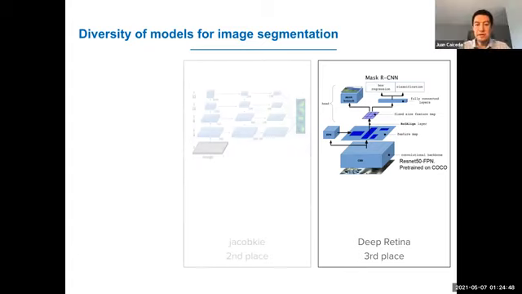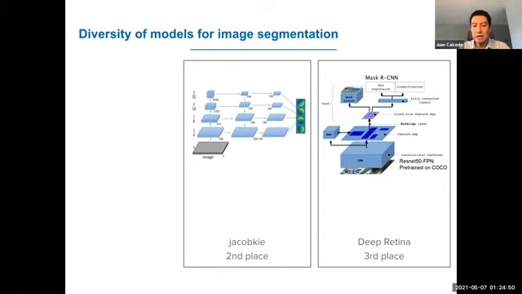Sure. So in the second place, what we had was another type of architecture. And I think this is also kind of interesting because, again, it tells us that maybe the exact architecture is not as important as the way you train it. And the architecture here is an image pyramid network.